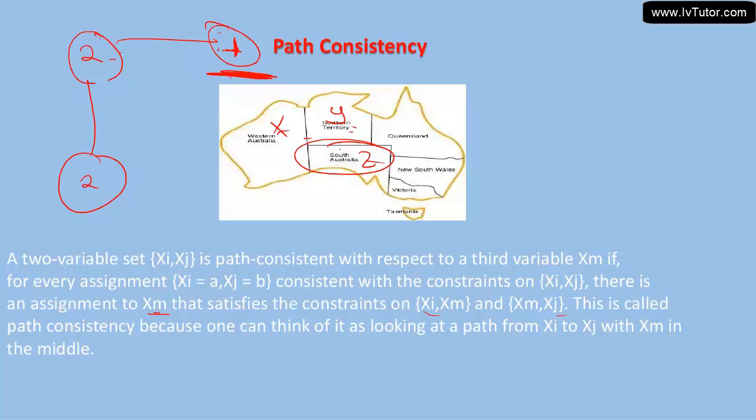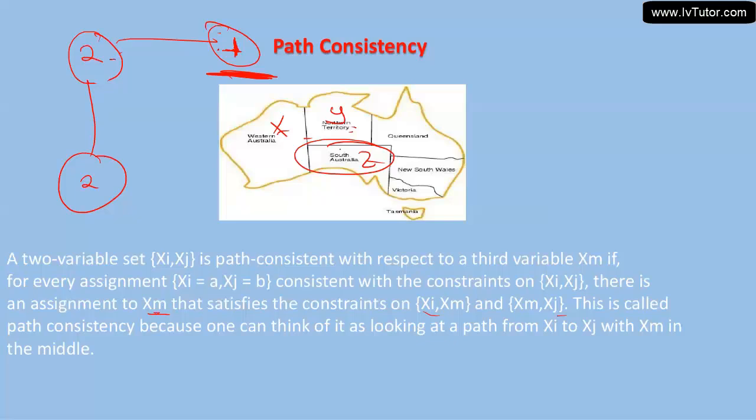So path consistency, we're saying if there are two variables, there's an assignment leading to an assignment for the third one.